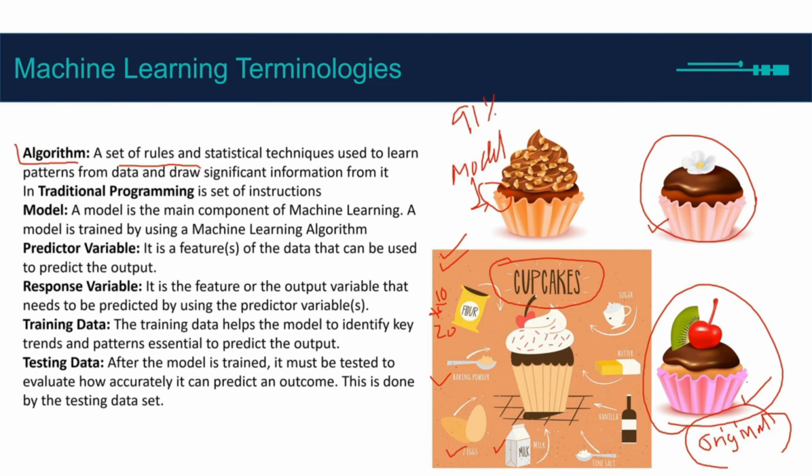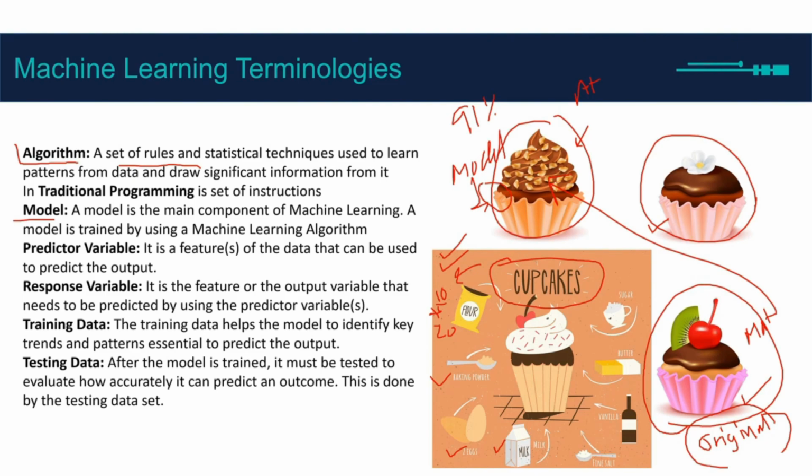You took this one from her home in order for you to match it with the one that you're going to make at home. This was made at home after your brain made the recipe in your head. So the recipe was the algorithm, the rules, and the model was the first cupcake you made.